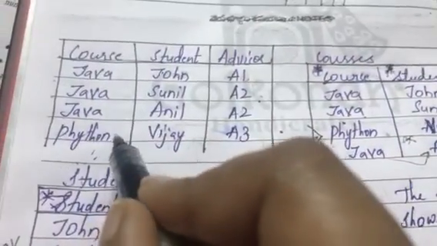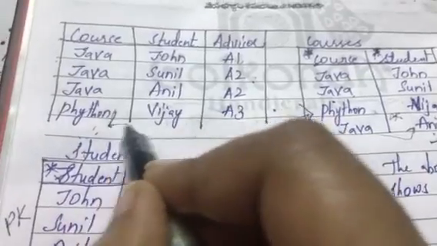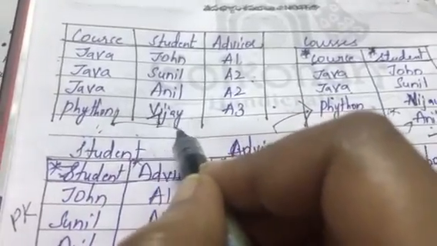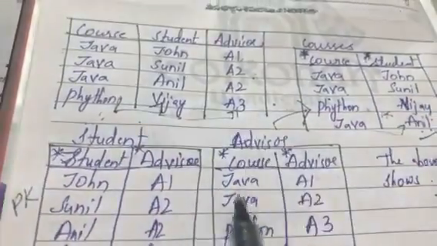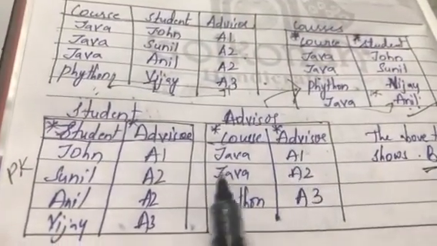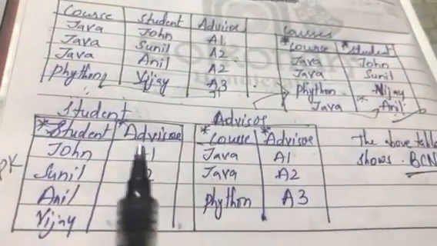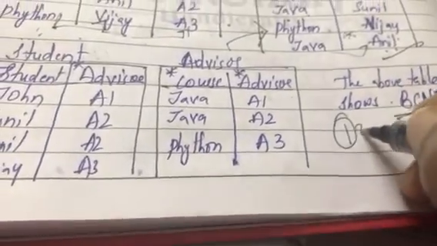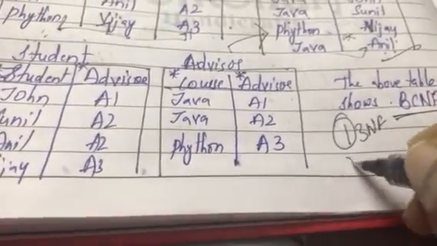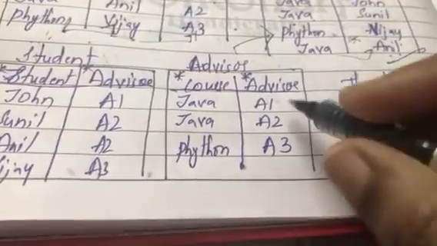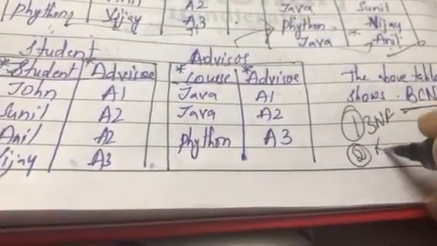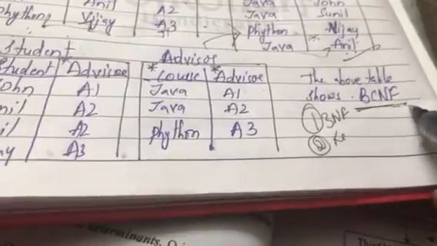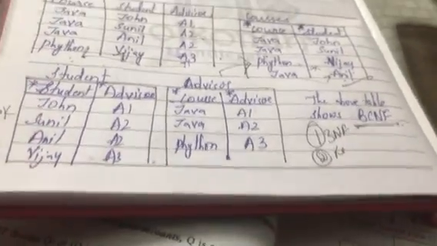Now the course would be dependent on the student, and the student dependent on the advisor, and we have removed the transitive dependency. So the first condition, the relation with 3NF, is proved, and the second one, that every attribute has a key, is also proved. So the BCNF is proved. So this is BCNF.